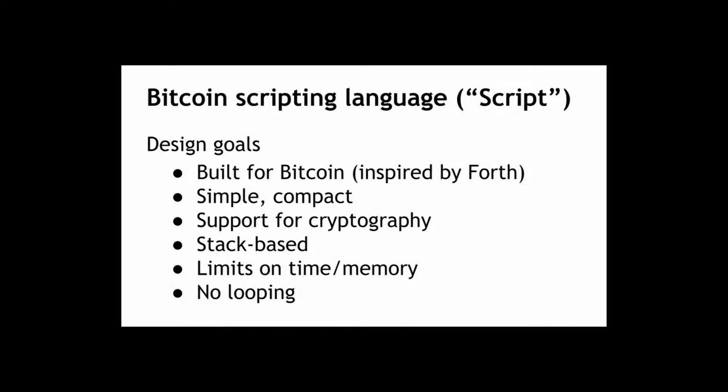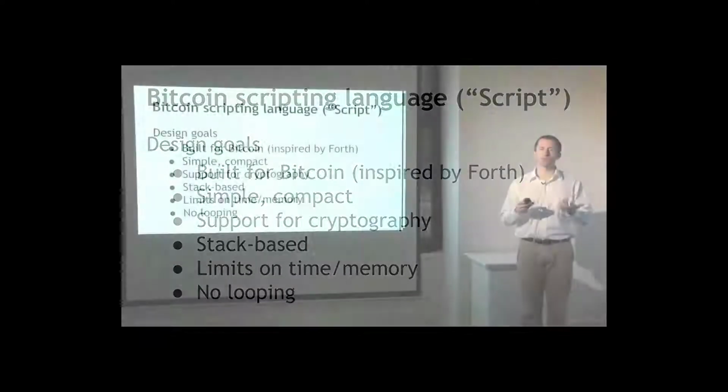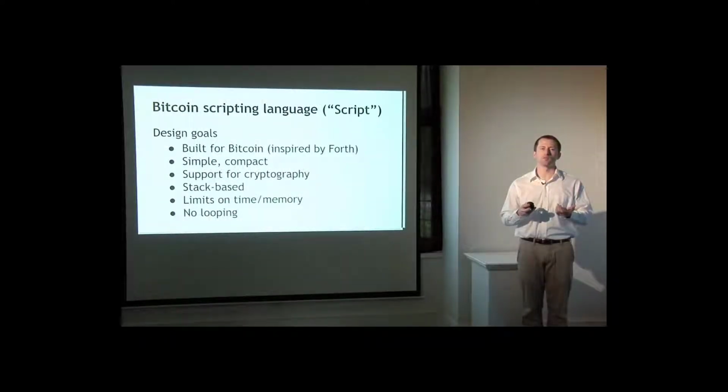So where did this scripting language come from? It doesn't really have a proper name. It's just called script, or the Bitcoin scripting language, and it was built specifically for Bitcoin. It was probably most inspired by a language called Forth, which is an old, simple, stack-based programming language. But you don't need to understand Forth to understand Bitcoin scripting.